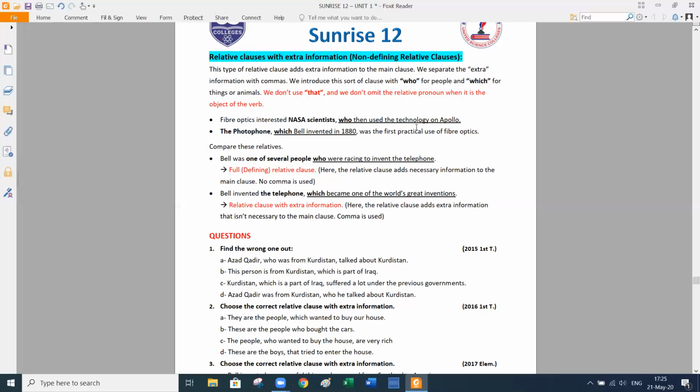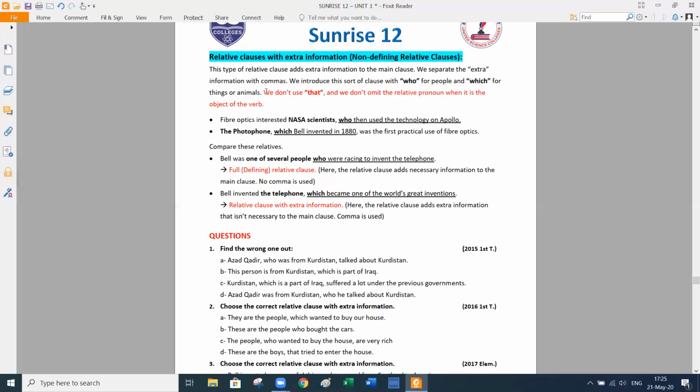It's not essential to the meaning of the main clause. It doesn't change the meaning of the main clause. It's only something extra. So we separate the extra information with commas. We introduce this sort of clause with who for people and which for things or animals.